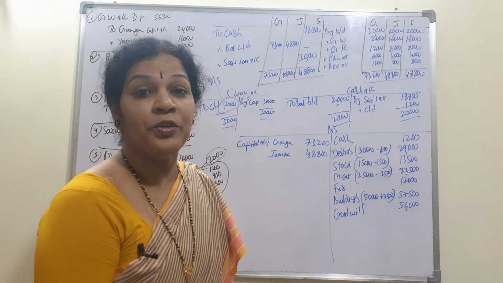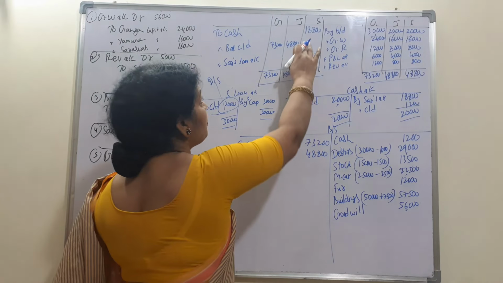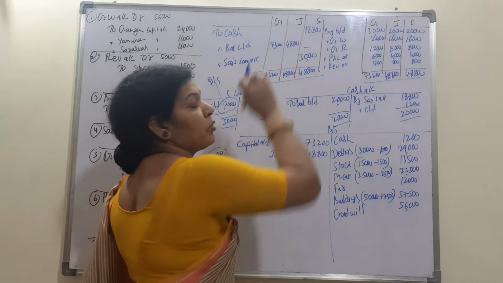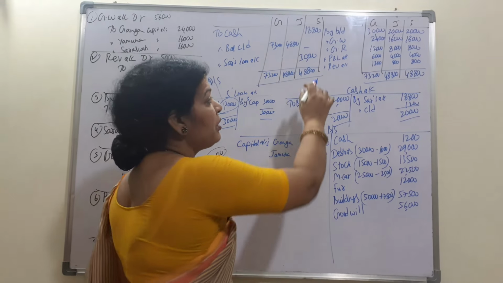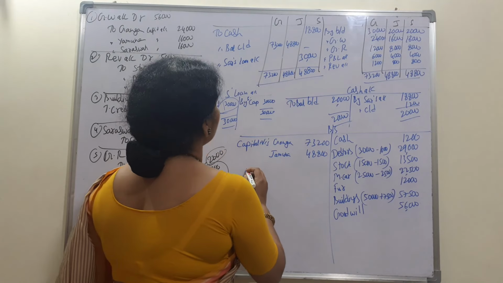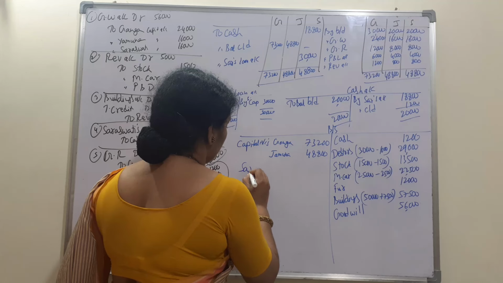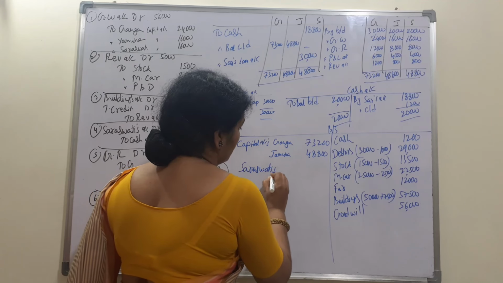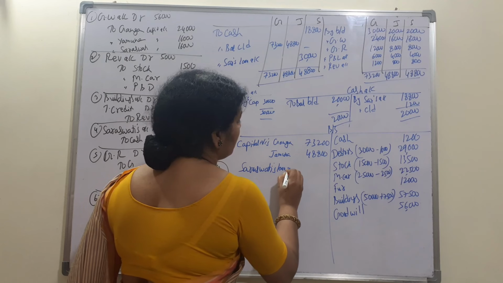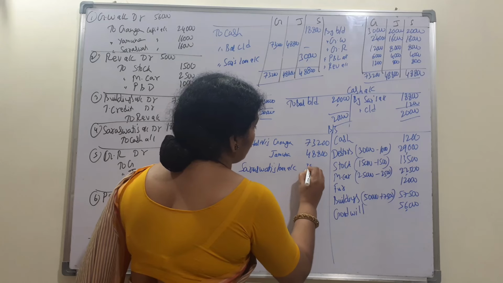If we pay it off, it would have been 48,800 here only. But we have paid 18,800. Rest of the amount is loan. Loan will say Saraswati's loan account, 30,000.